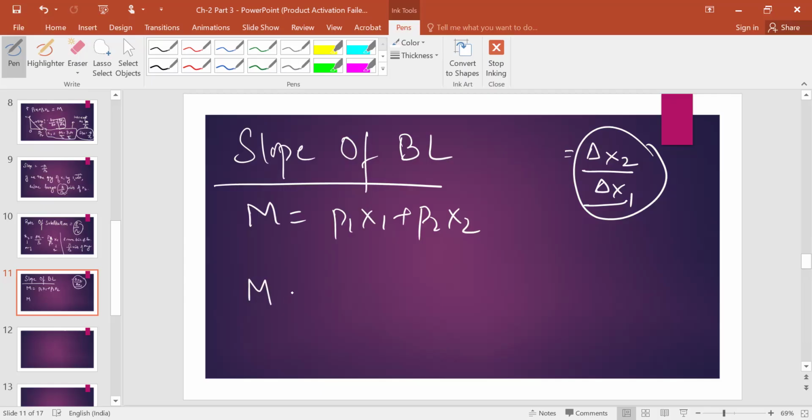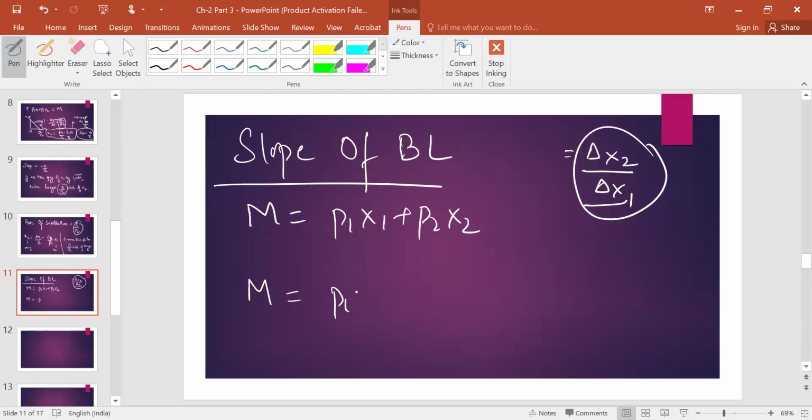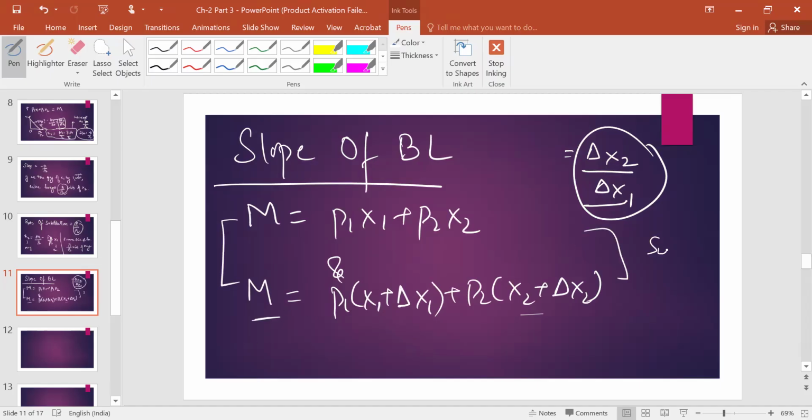Just for example, let's say I want to make a change: p1 (x1 plus delta x1) plus p2 (x2 plus delta x2) equals m. So how much change do I require in x1 and x2? Given the constraint is the same, when I subtract these equations, I get p1 delta x1 plus p2 delta x2 equal to 0.